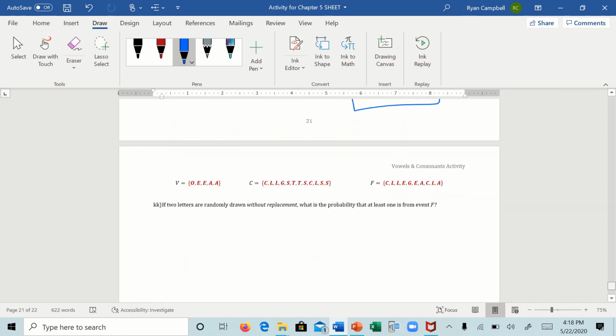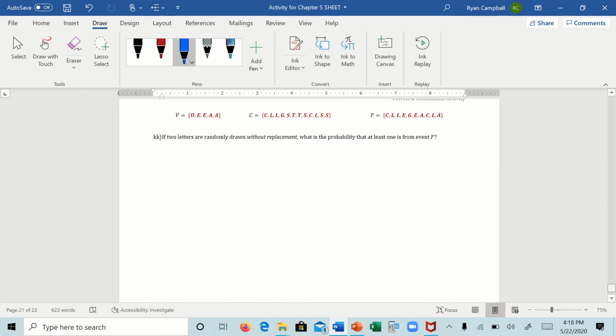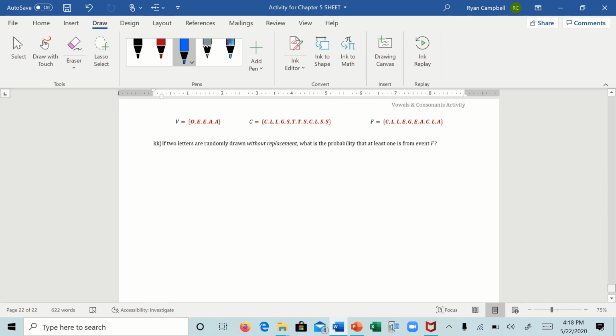Last problem. So, last step. If 2 letters are randomly drawn without replacement, what is the probability that at least 1 is from event F? So, we got at least 1 from F of 2.